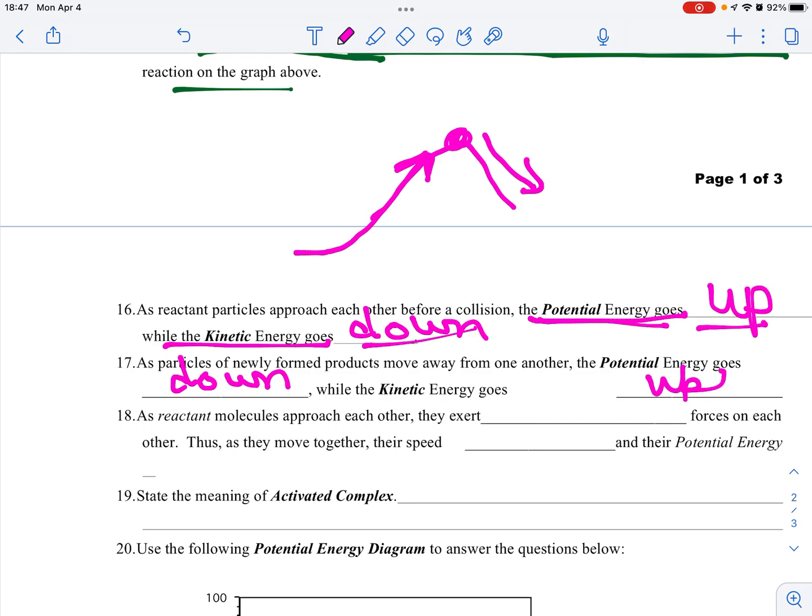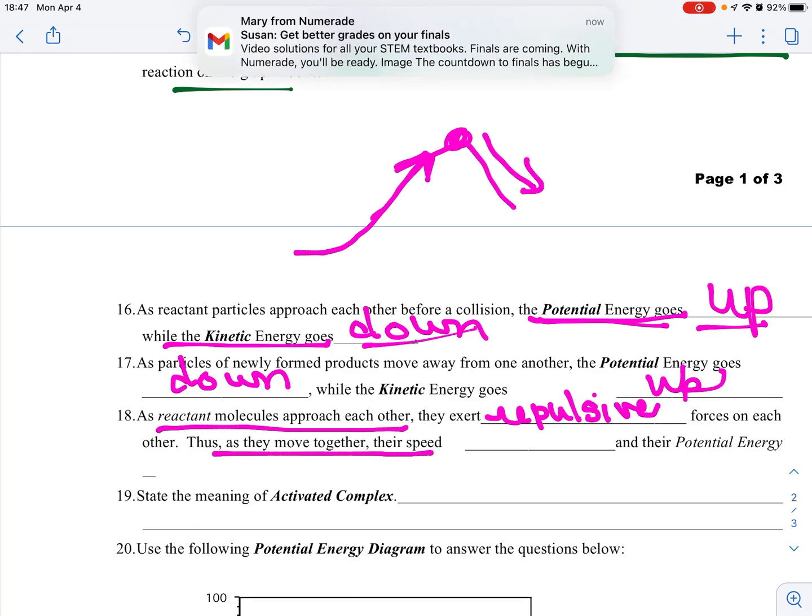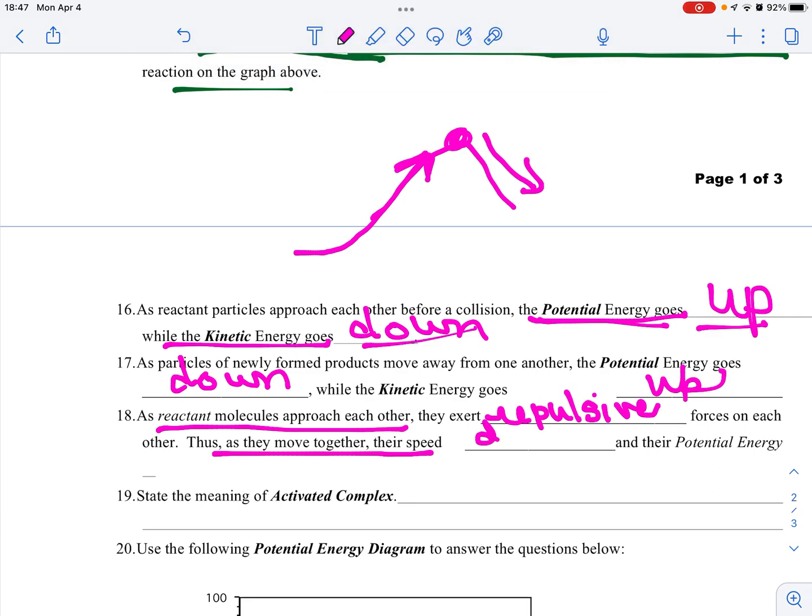As the reactant molecules get closer to each other, they exert repulsive forces. And as they move together, what does their speed do? Their speed will decrease, and the potential energy will increase, because as they approach each other, we're moving this way. So we can see that their potential energy is going to increase.